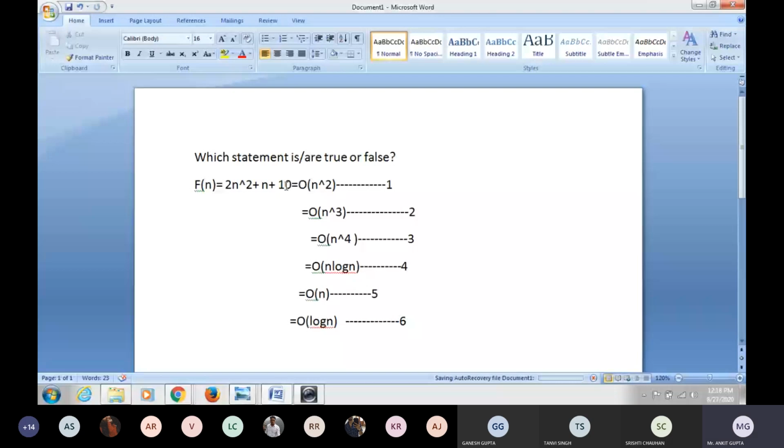So f(n) is order of n square. In the first statement, 2n square plus n plus 10 is less than or equal to n square up to constants, so the condition is true. Second statement, n square less than or equal to n cube, the condition is true.